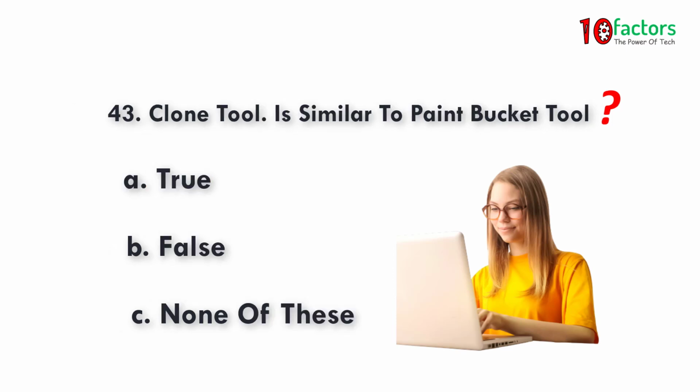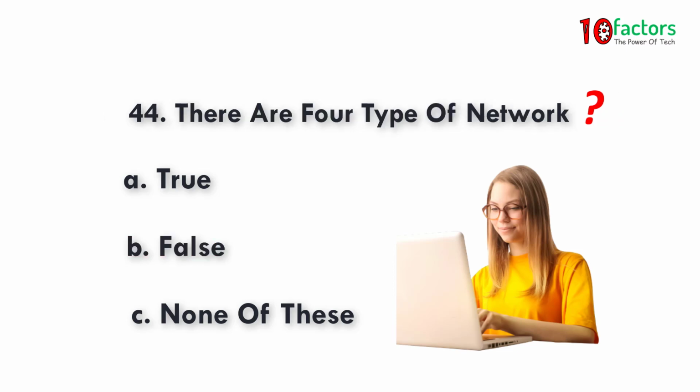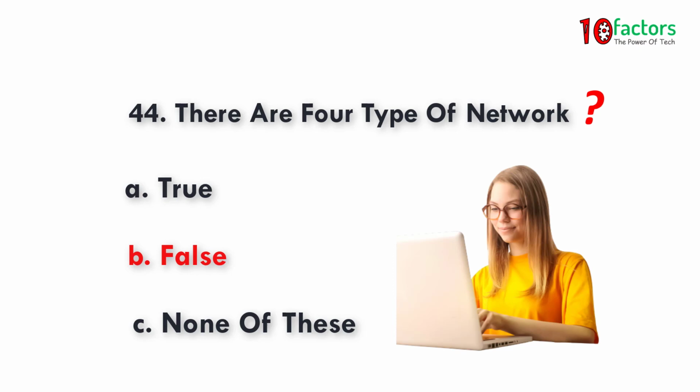Question 43. Clone tool is similar to paint bucket tool. A. True. B. False. C. None of these. Right answer, B. False. Question 44. There are four type of network. A. True. B. False. C. None of these. Right answer, B. False.